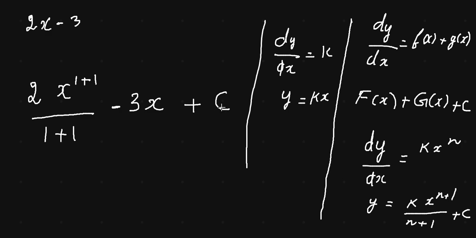You just put one constant. Then obviously that 2 and that 2 will cancel out. So this is actually going to be x squared minus 3x plus c, and that is the answer.